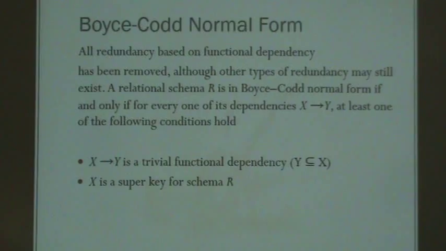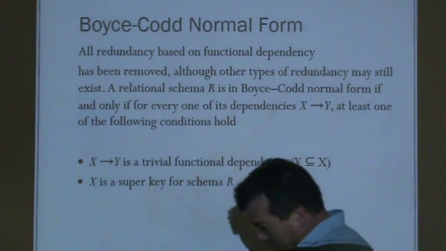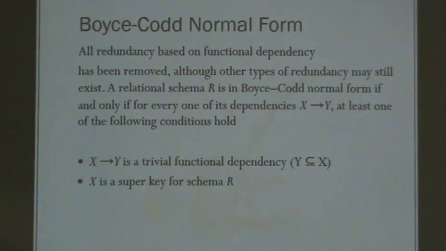And then the last version, I guess the most restricted version, is going to be called the Boyce-Codd normal form. This is a version where all redundancies based on functional dependencies have been removed, although other types of redundancies may still exist.